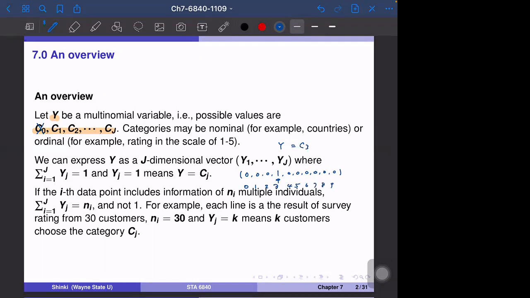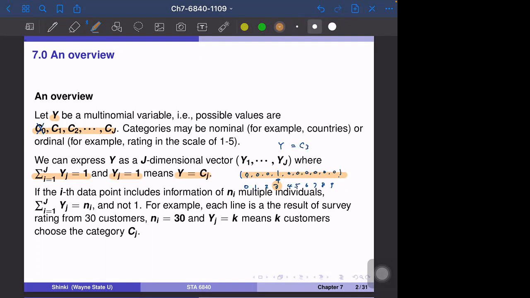So just the indicator: the place of 3 is 1, and the other places are 0. So the summation of y1 to yJ is equal to 1, and yj equal to 1 means y is categorized as the jth class.